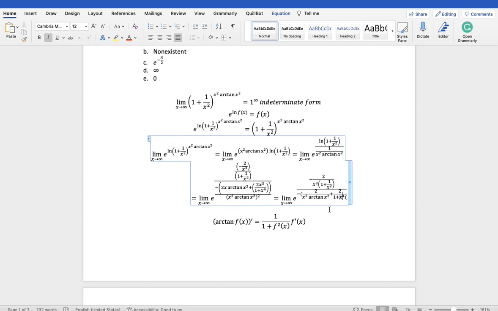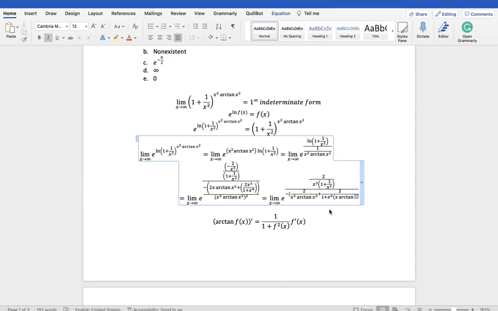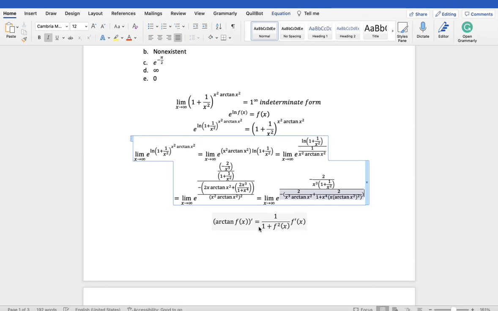You're just left with x here, multiplied by arctan x squared, which is squared. Let me just square this. As you can see, it's quite a long process. Right? And then there's another bracket there.